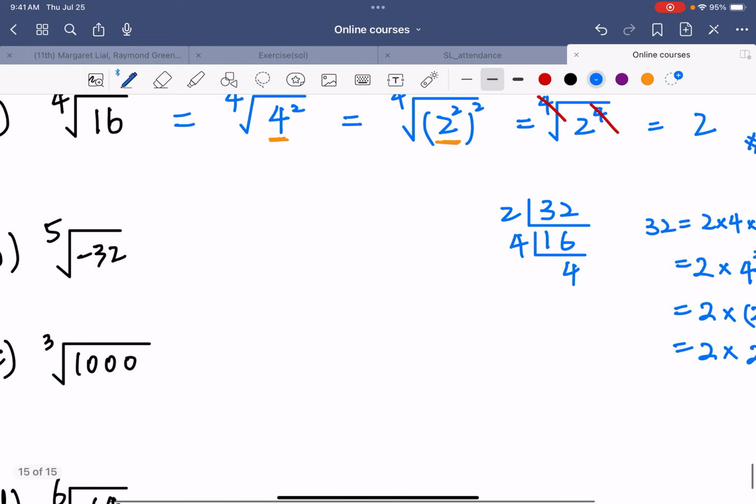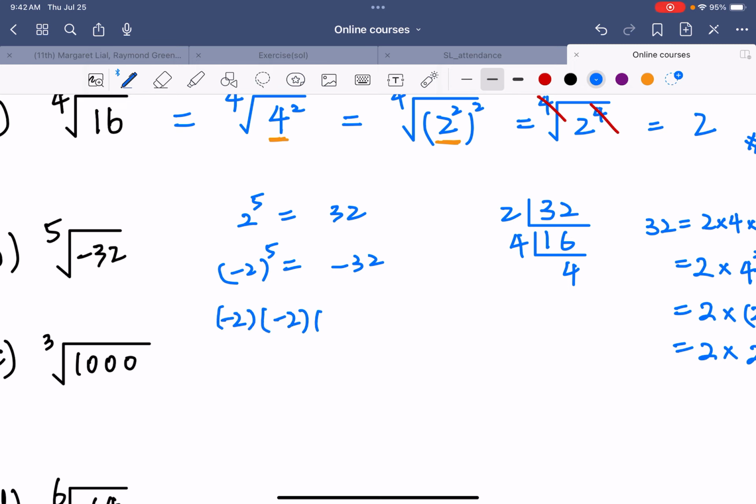So you see, if you do 2 to the power of 5, you'll get 32, right? But if you got -2 to the power of 5, then you got -32. Because you get this, you got 5 and -2, and we know this 2 negative can diminish, this 2 can diminish, but we always got 1 left.